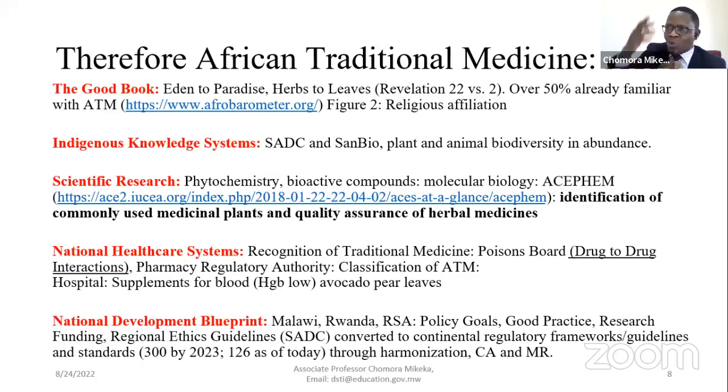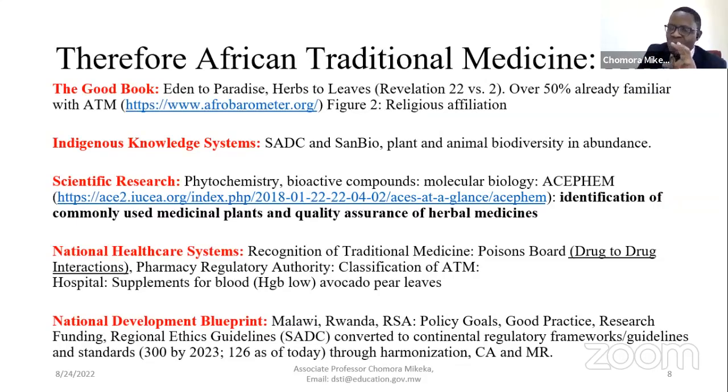Sometimes you might be referred to say, okay, we are not able to boost your hemoglobin level, and therefore can you have a supplement from avocado pears? This is a way of complementarity that we're talking about, and therefore issues related to that become of interest.